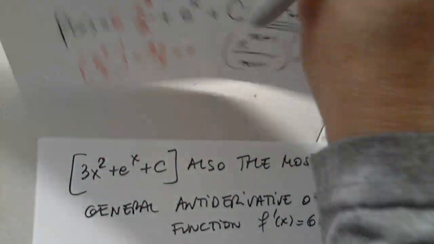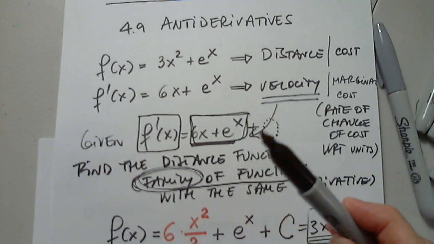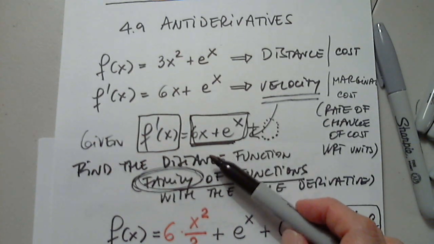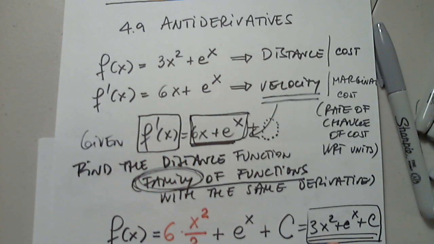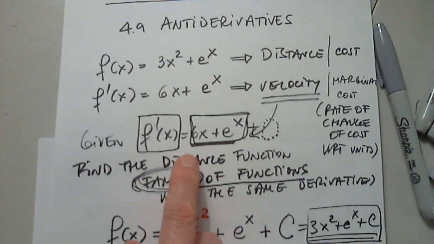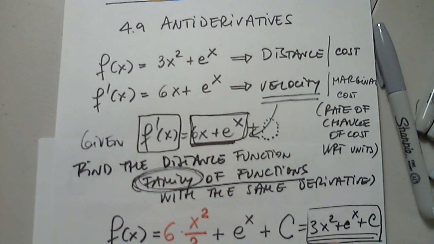So, what have we learned so far? We learned that we know how to go backwards. So if I'm given the velocity, I can determine the distance. If I'm given the rate of change of cost with respect to time, or in other words, the marginal cost, I can find the total cost function.